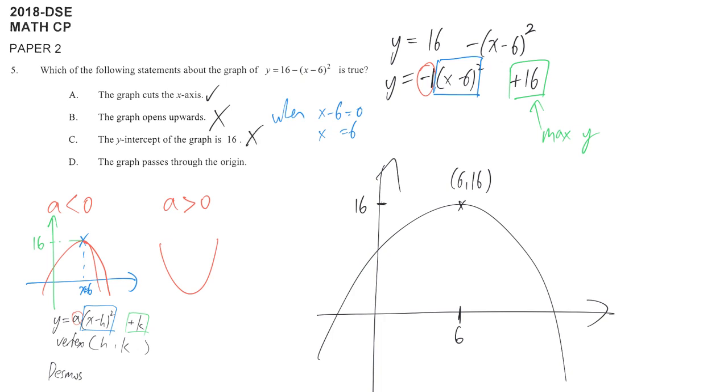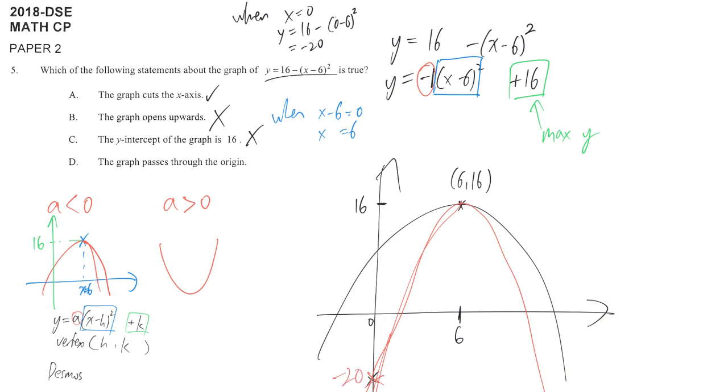The graph passes through the origin, meaning when x is 0, y is 0? Let's test: when x equals 0, y is equal to 16 minus (0 minus 6) squared, which is negative 20. So it should pass somewhere here. The correct graph should be like this. So this is negative 20 and not the origin. This is also wrong.